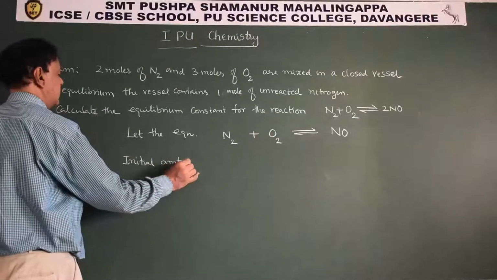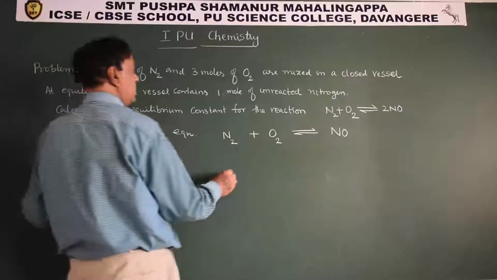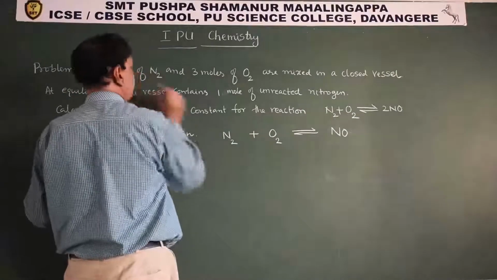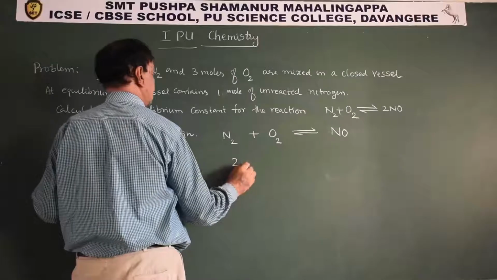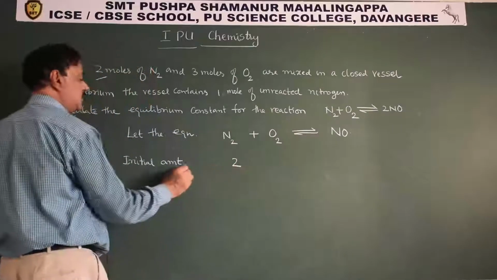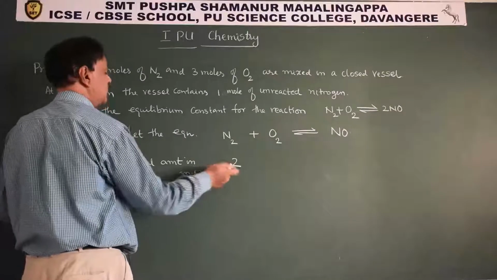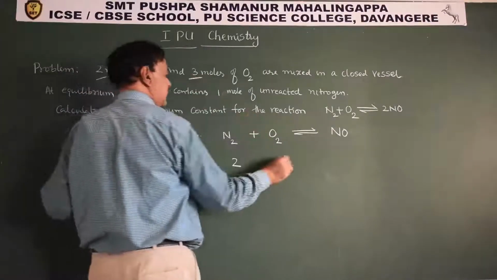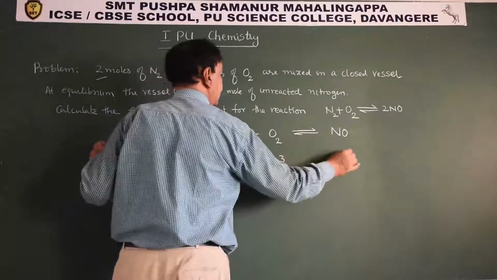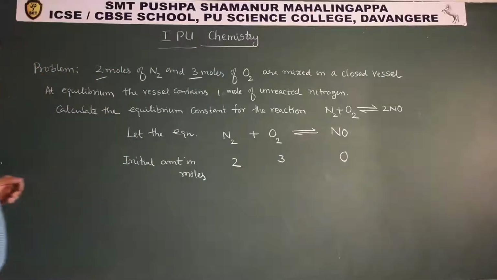Initial amount in moles: 2 moles of nitrogen and 3 moles of oxygen. The initial amount of nitric oxide is 0 moles.